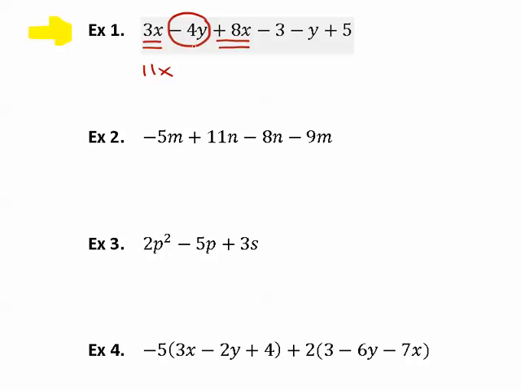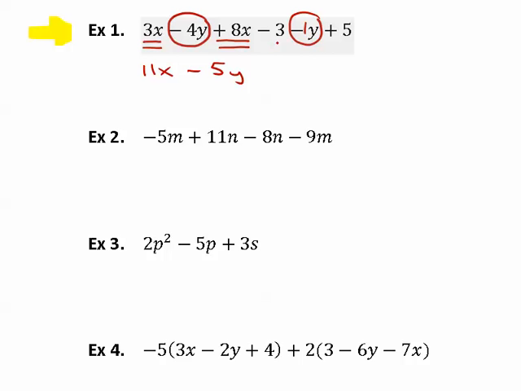Let's go ahead and circle the y terms. There's a negative 4y term, and notice I circled the subtraction that's with that. It's not just a 4y, it's a negative 4y, and this isn't just a negative y, it's a negative 1y. So by combining them, we have negative 4y, we're subtracting another y, that's a total of minus 5y.